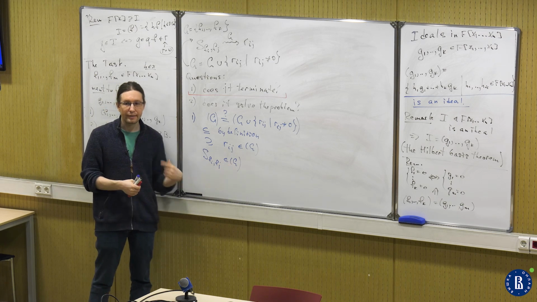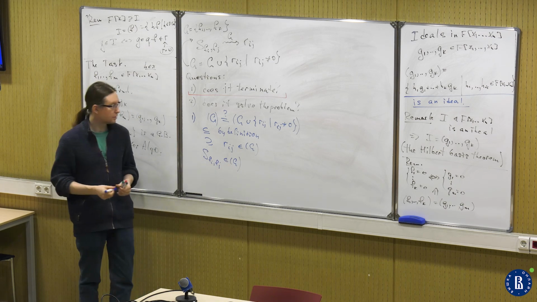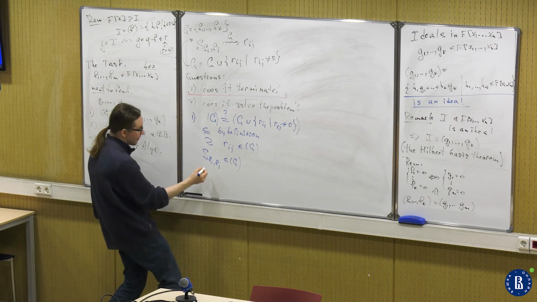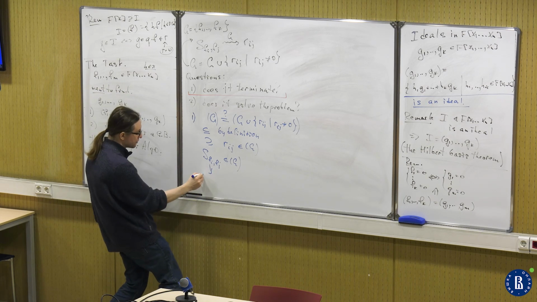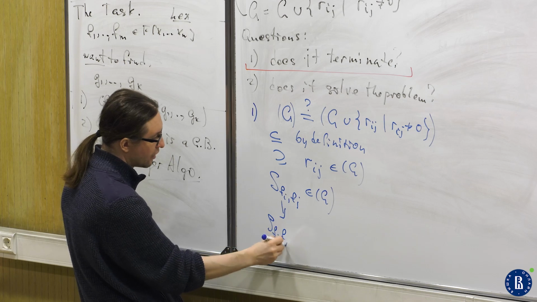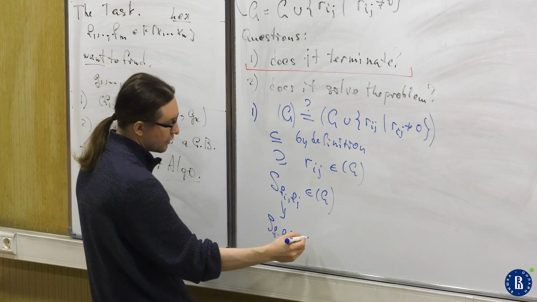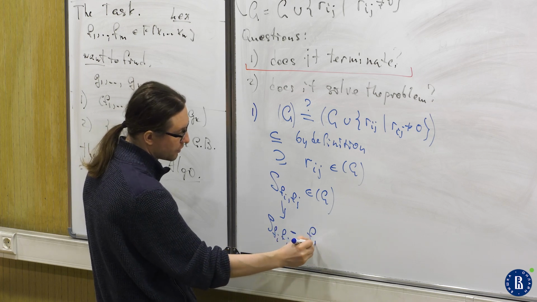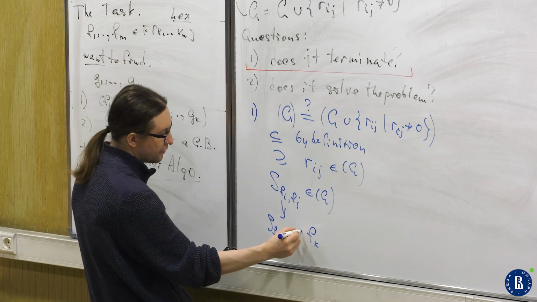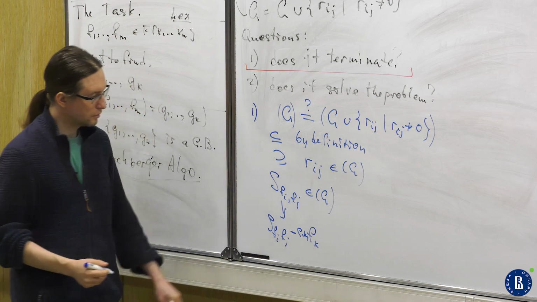OK? Now, when we make a reduction, what do we do? Just by definition, a reduction is a process where we take our initial polynomial and we subtract some other polynomial, let's say Fk, with some coefficient and some monomial.